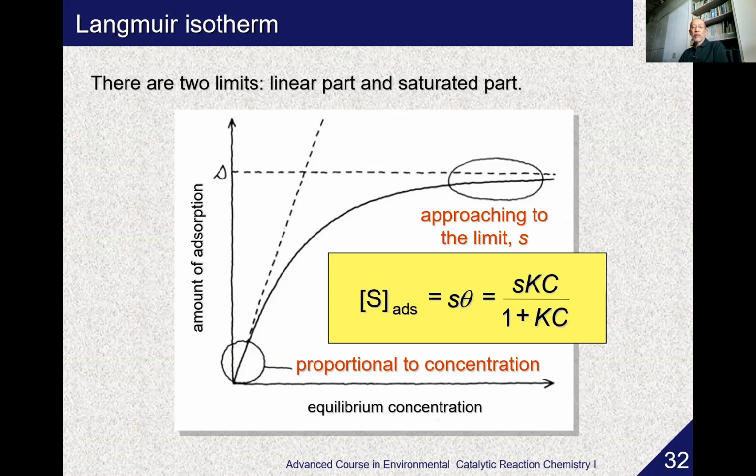So it is possible to find out how much amount of adsorption sites are there on the surface of the adsorbent. So it is possible to see those limits. Okay, so this is a very, very simple Langmuir adsorption problem.